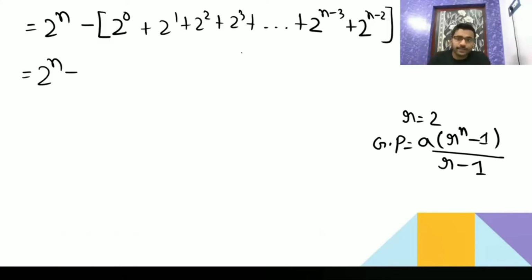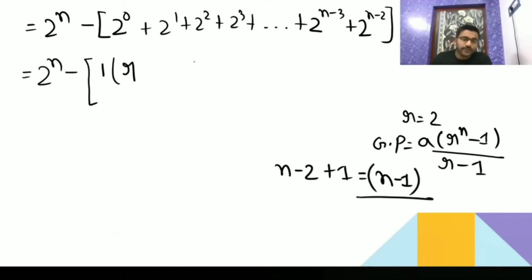So the first term is 1, that is 2 to the 0 is 1, then R is 2, and the number of terms: 1, 2, 3, till n minus 2 we got n minus 2 terms, then for the 2 to the 0 term we have plus 1, so we are having a total of n minus 1 terms.